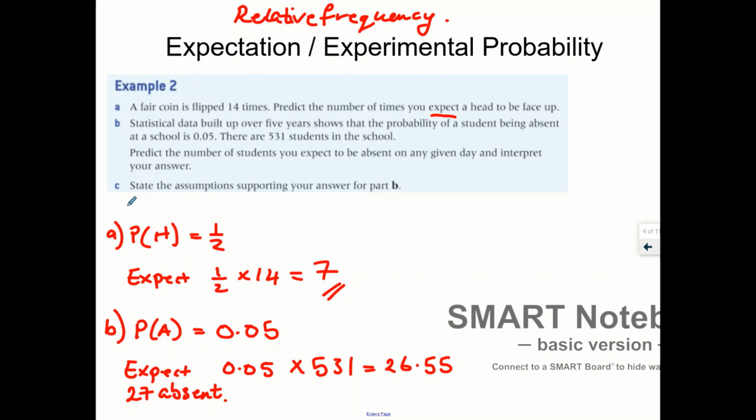Which leads us on to part C, the assumptions you've made. Well, you're assuming that the absences on all days are equal.